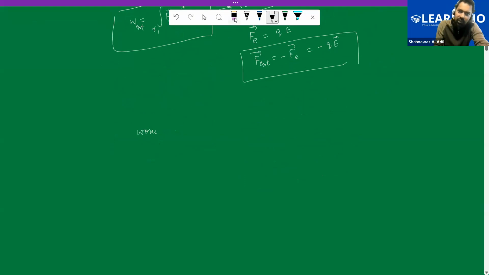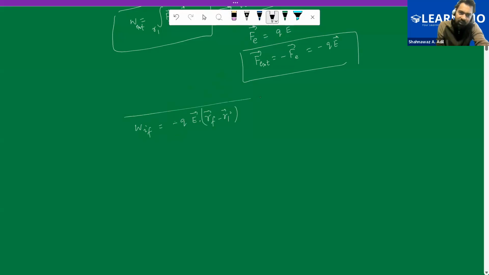Work done, let me simply write. So work done would be minus, or again, we have two kinds of this thing. From initial to final, that is minus QE dot (r final minus r initial).